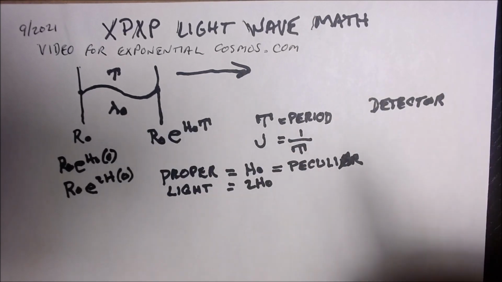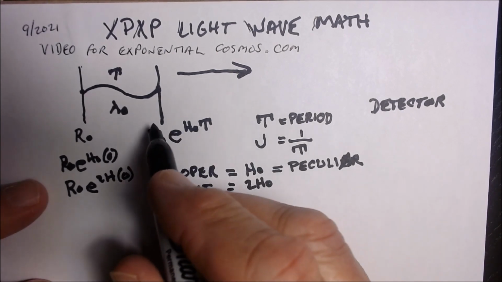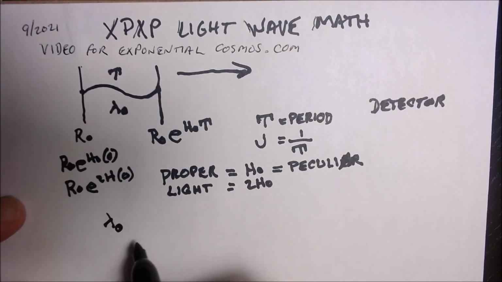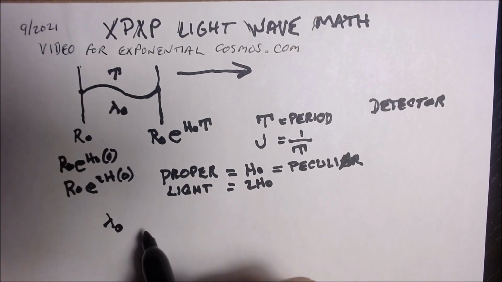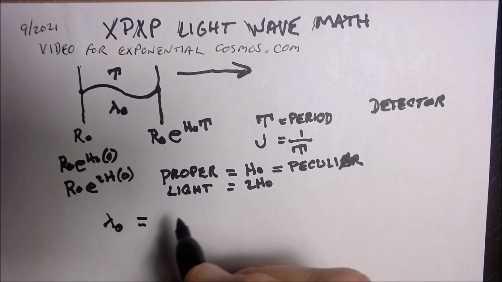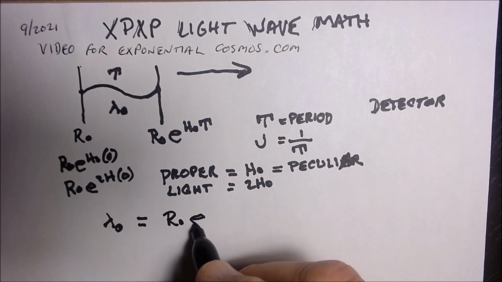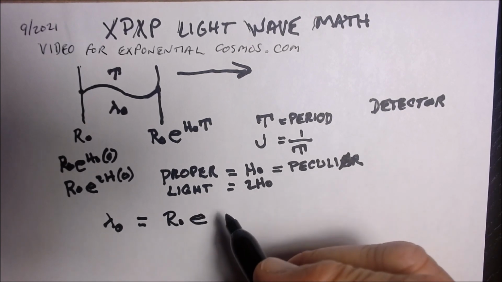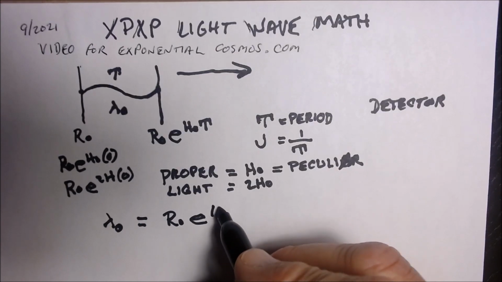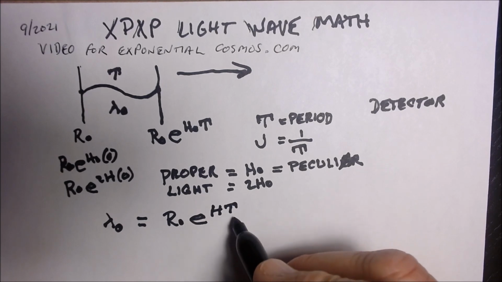From this diagram, we define the base wavelength, and that base wavelength is equal to R0 times e to the H0 tau minus 1.